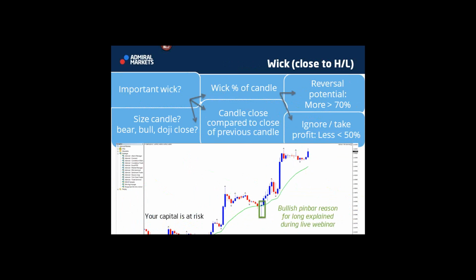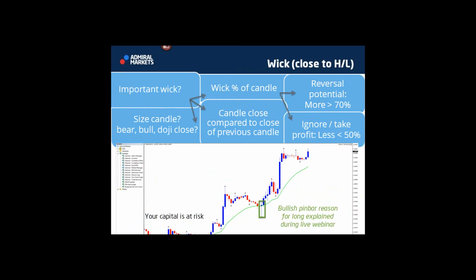Whereas a wick on a 5-minute chart could have a bit of impact, but it's obviously not going to have that long-lasting major impact as a weekly candle. So the lower time frame we go, if we go from monthly, very important, down to daily, still the same. Even 4-hour, 1-hour chart, I think still has good wicks, has good info on that.